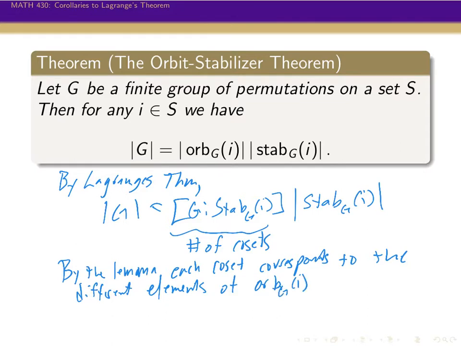And so the number of cosets is the number of things in the orbit, and so this right here is equal to the size of the orbit of i. And that completes the proof.